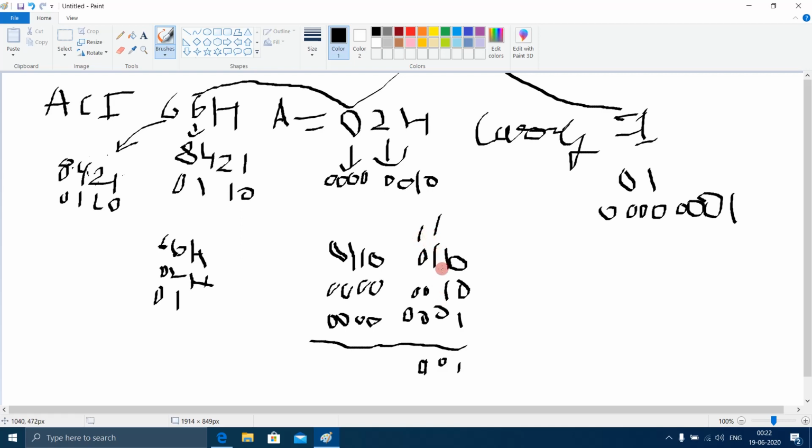So 1 plus 1 is 0, 0 plus 0 is 0, 0 plus 0 is 0, and carry 1 will be here. 1 plus 0 is 1, so here it will be 1. 0 plus 0 plus 0 is 0. I hope you know the binary addition. So this will be the result, which will be stored in accumulator.